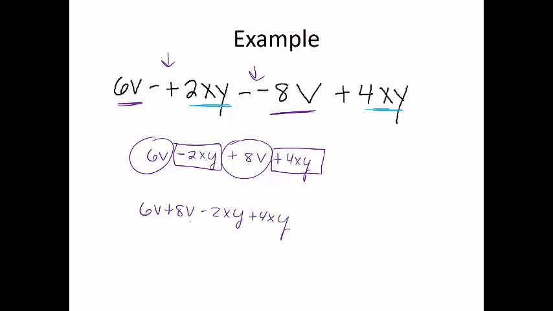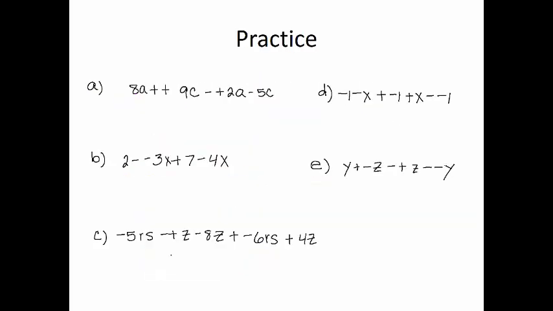So 8v and 6v is 14v, and for 4xy and negative 2xy, we have 4 positives and 2 negatives, so we have 2 more positives. And that's as far as you can go. You can't combine these because these are not like terms. Alright, so try these problems and then hit play when you are ready to check your answers.